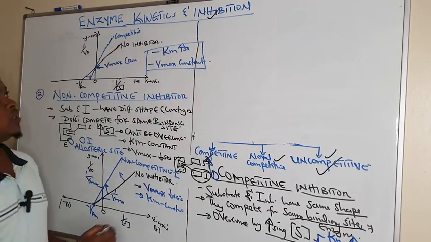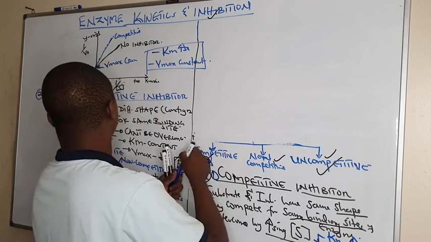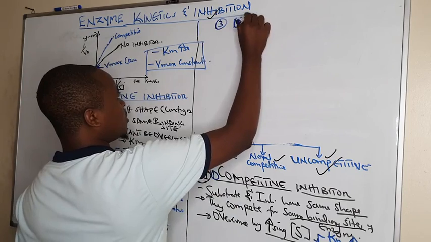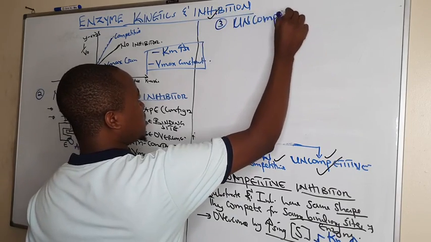So this is the third type of reversible inhibitor, which is the uncompetitive inhibitor.